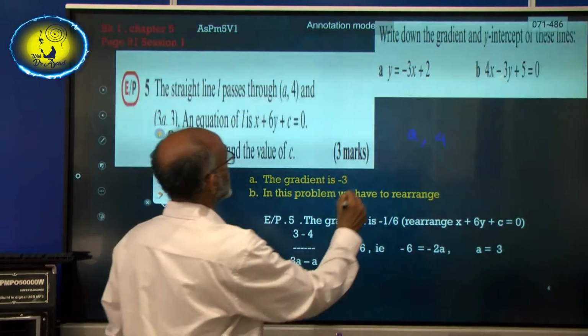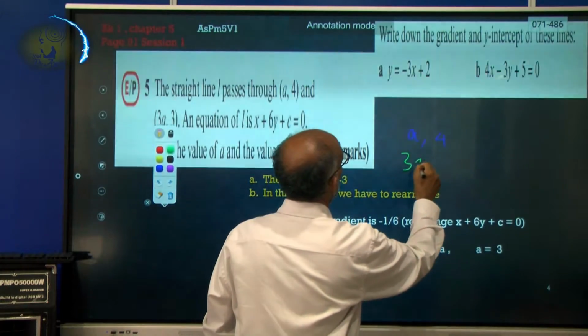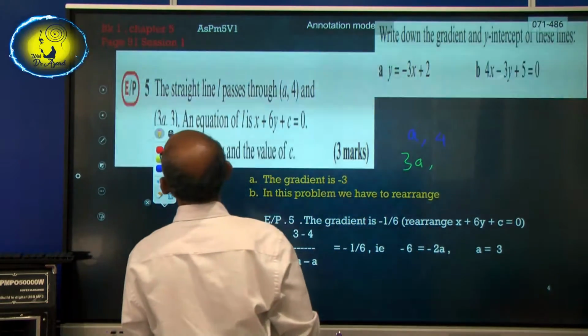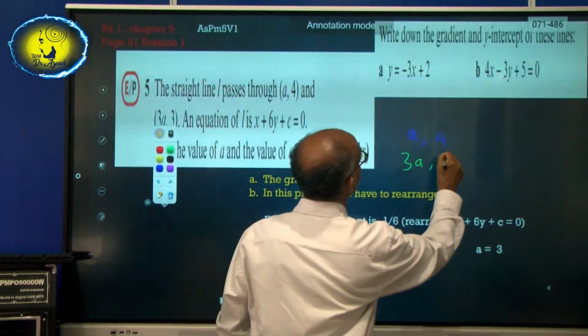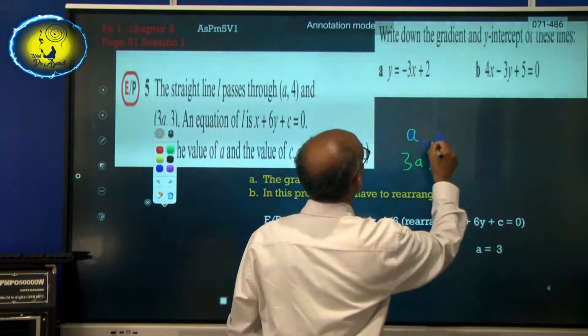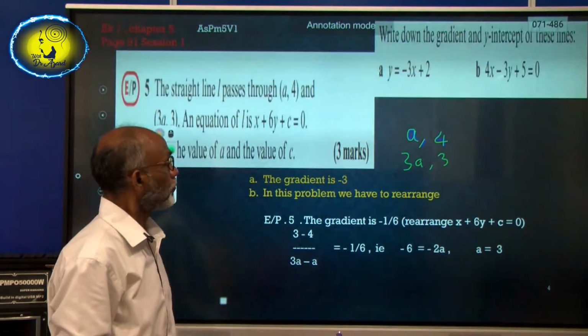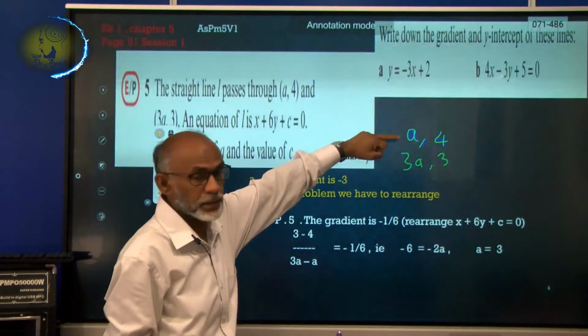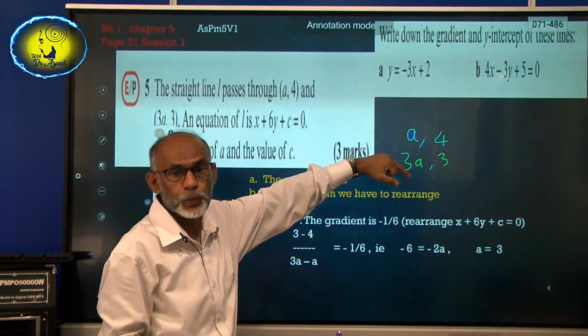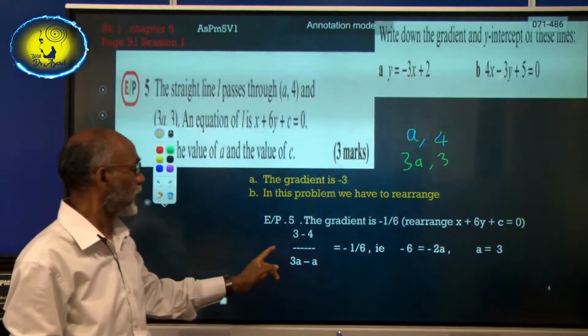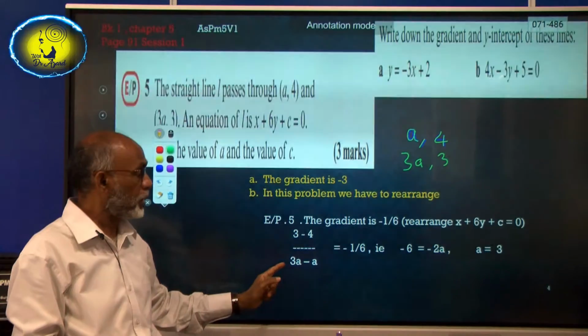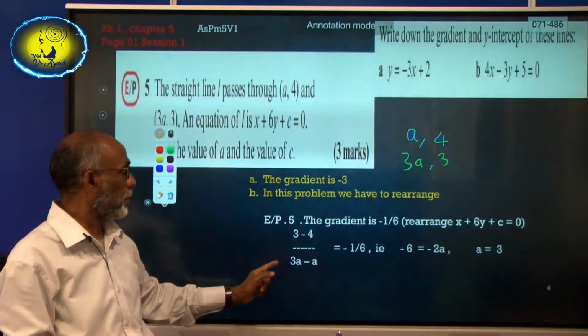The other point is 3a and 3. Once we know the 2 points the straight line passes through, it's possible for us to calculate the gradient of that particular line.